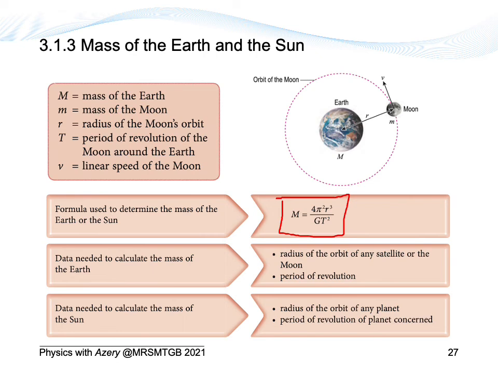So when you want to calculate the mass of the Earth, the radius is the radius of the satellite or the Moon, because the only thing that is orbiting the Earth is either the Moon or satellites.